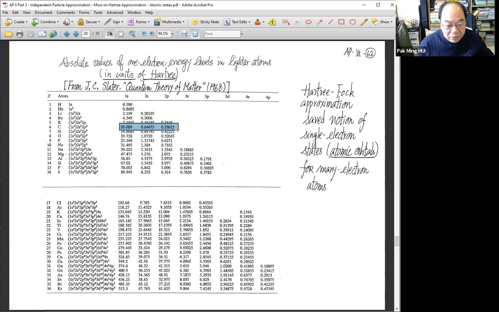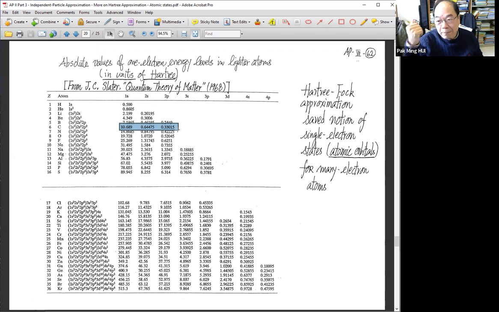Okay, so now I hope at least you see, when you see this table, first of all, you know what the numbers are about. Secondly, you appreciate the quantum mechanics behind such a table. All right.